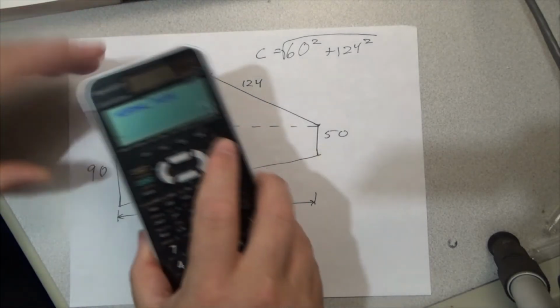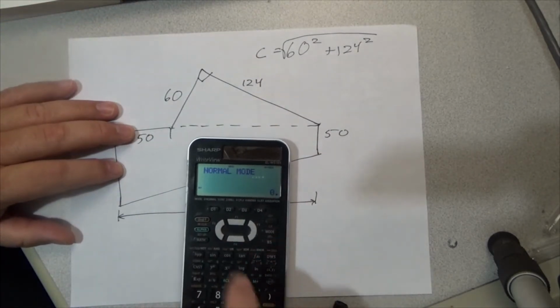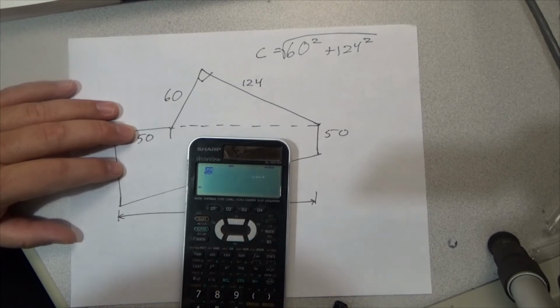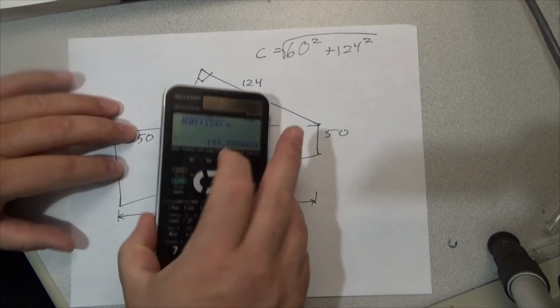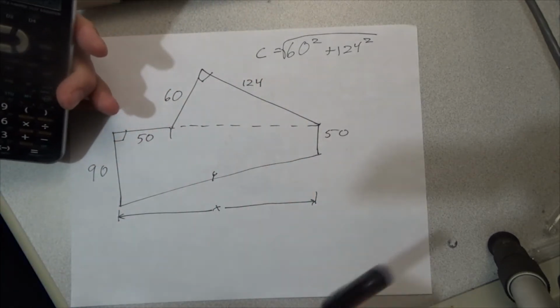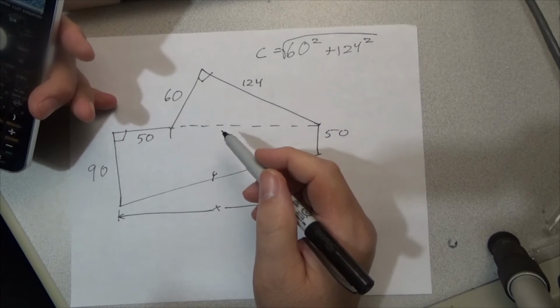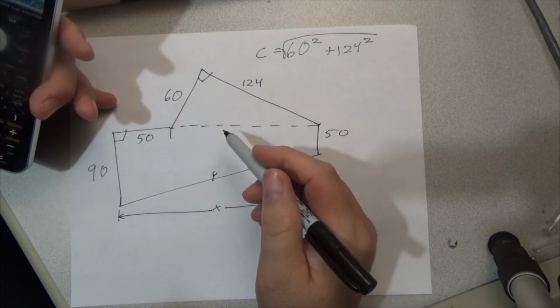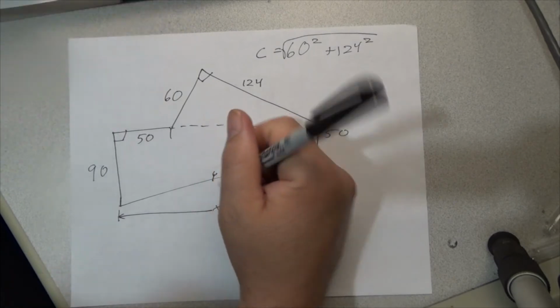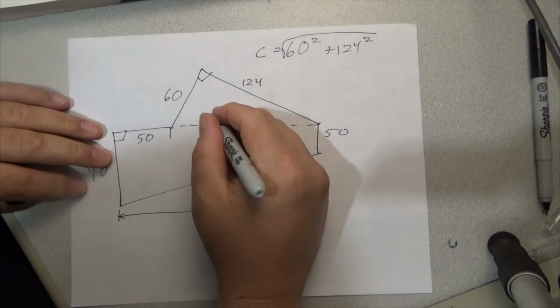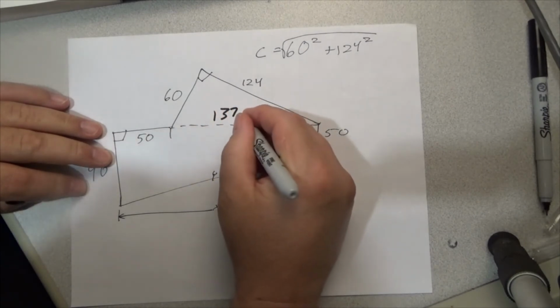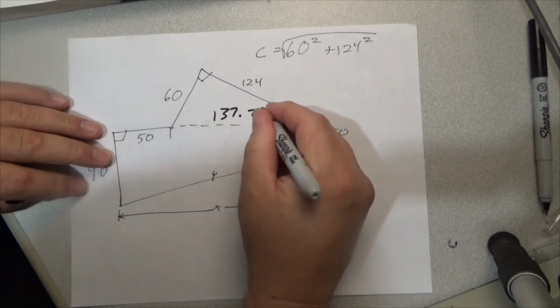So let's take care of that. The square root of 60 squared plus 124 squared is equal to, let's see here, 137.75. I'll leave it right at that. I'll use the other Sharpie because I think it shows up a little better. 137.75.